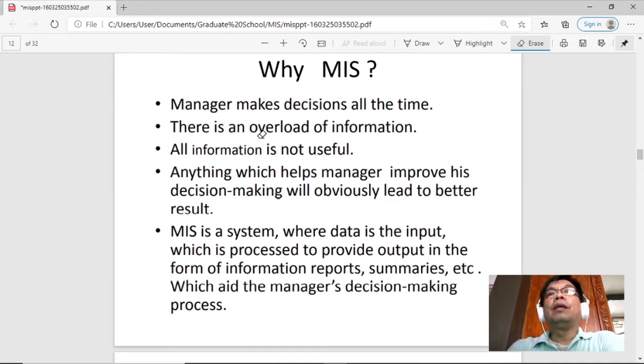But once we create reports out of this data, let's say I want a list of the students enrolled in my MIS class, that list is already information. Or the graduate school would like a summary of the students enrolled in all of the programs. It's a summary. So once we do this report, it will be easier for the manager to decide.